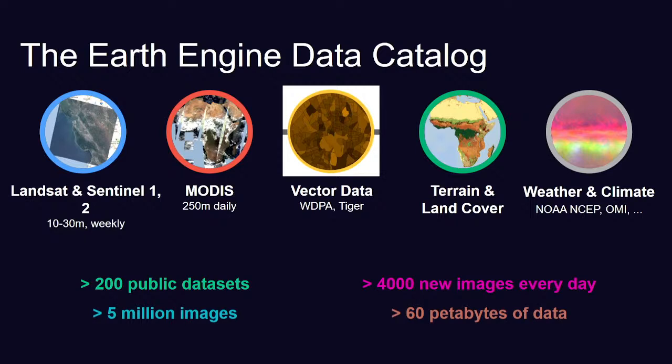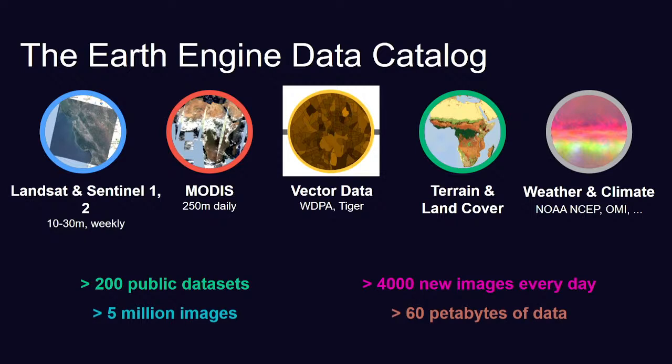Plus, more than 4,000 new images are added every day. Today, almost more than 60 petabytes of data is available at your disposal. Just with a few clicks, you can get an answer to any of the questions which you want to know.